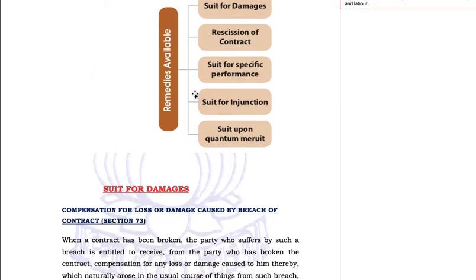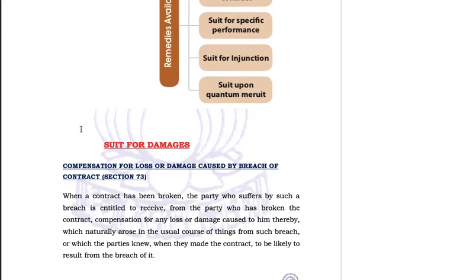Suit for damages. The first category is suit for damages. What are damages? Let us understand. Compensation for loss or damage caused by breach of contract. Damages, the injury caused.